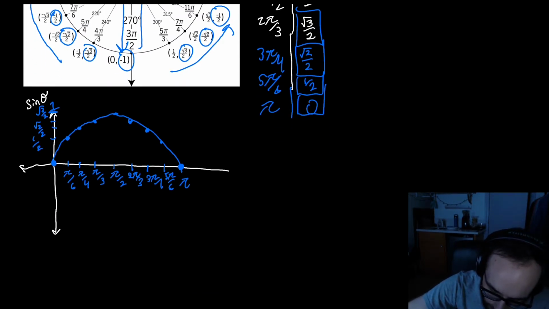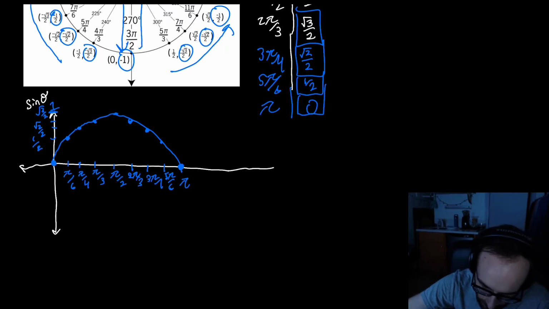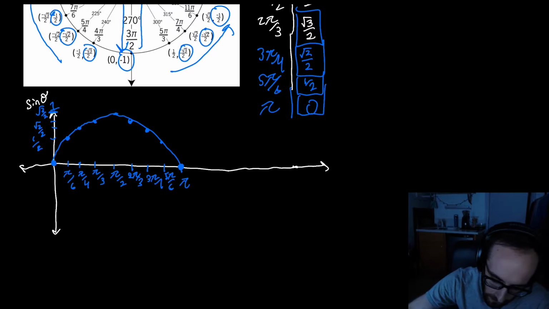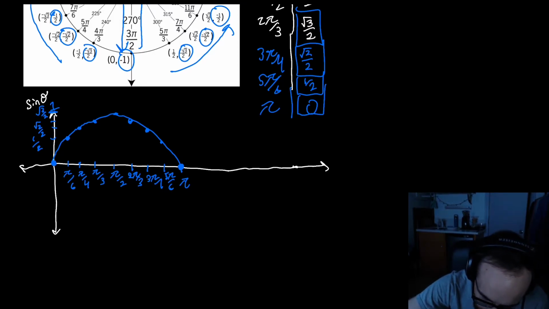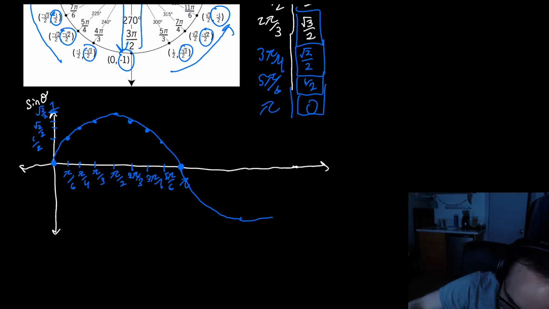So what our graph looks like as we go to the right is we're going to have negative outputs, and they're going to follow the same pattern that we saw at the beginning, except they're going to be negative, they're going to decrease, and then slowly increase.